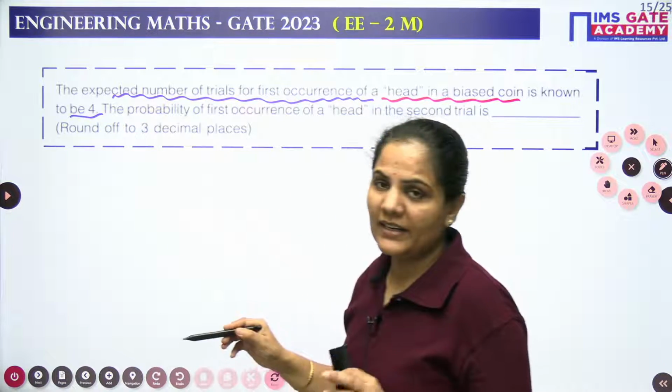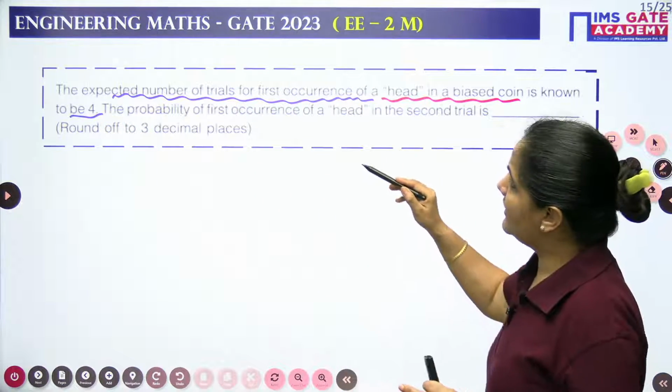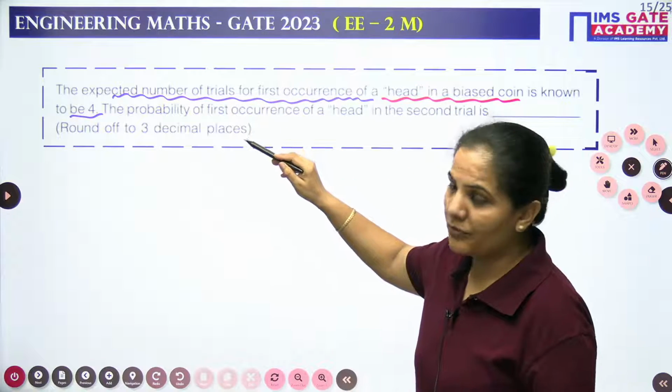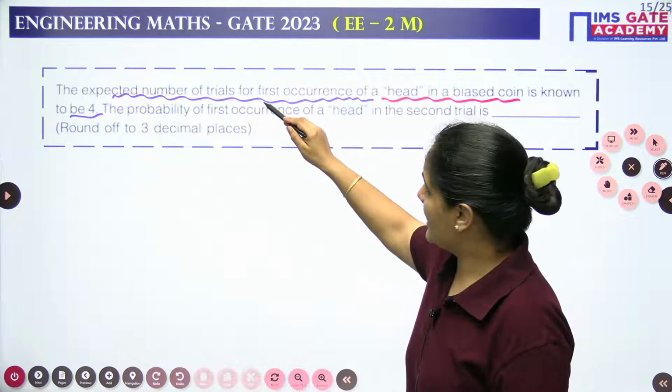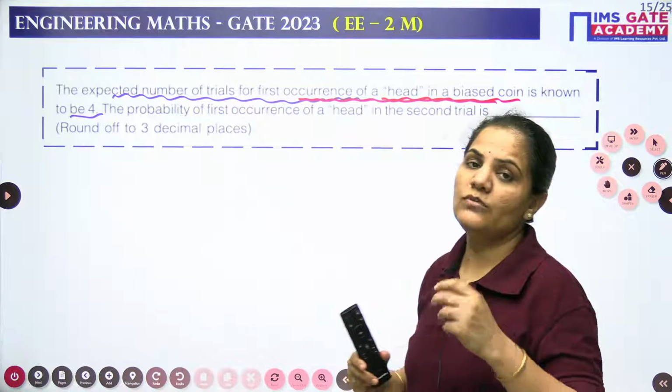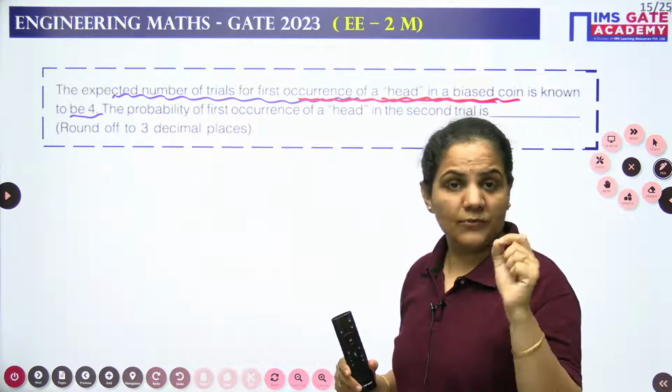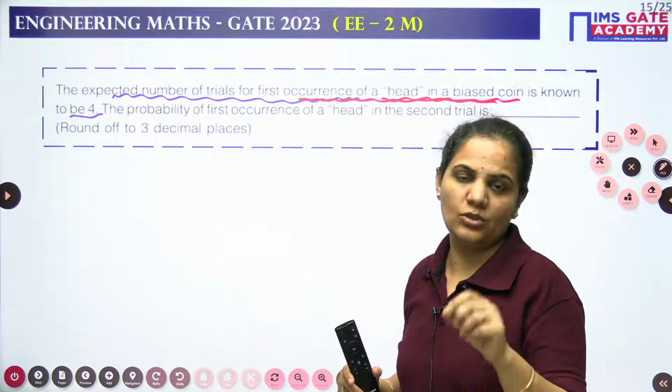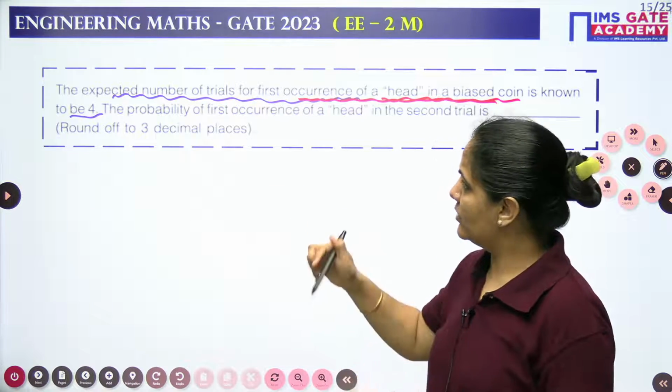So it is clearly mentioned that we need to find out the expected number of trials for the first occurrence of a head in a biased coin. So when you throw a biased coin, the first time you get a head is on the fourth number.